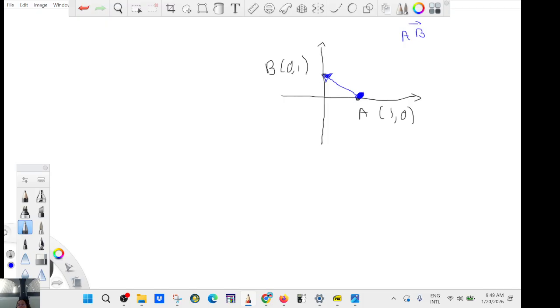How do you find the coordinate of a vector? From last semester, you always start from the tail. This is the tail, this is the head. So you make an X, Y coordinate system, another one.